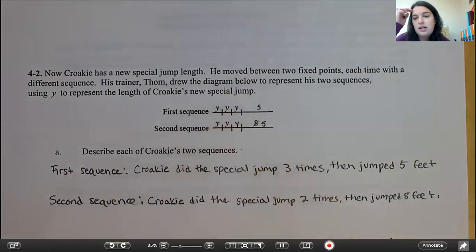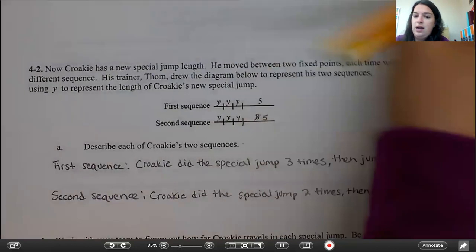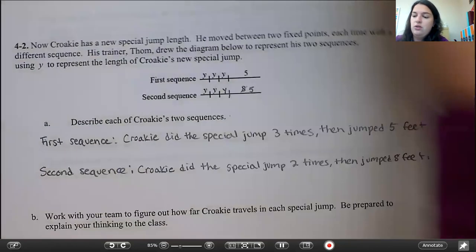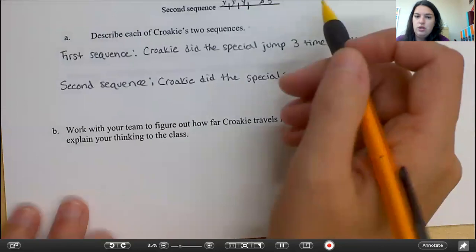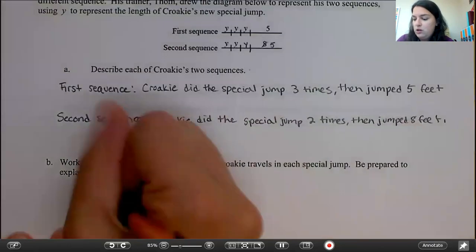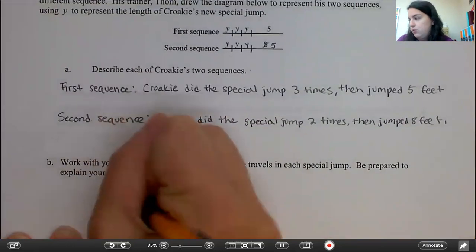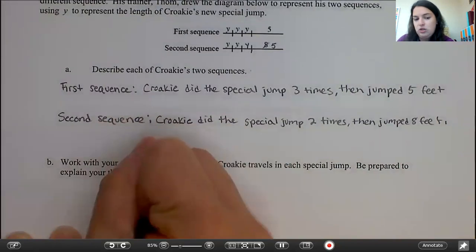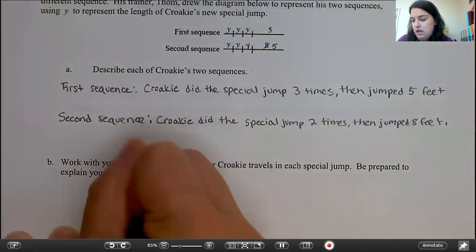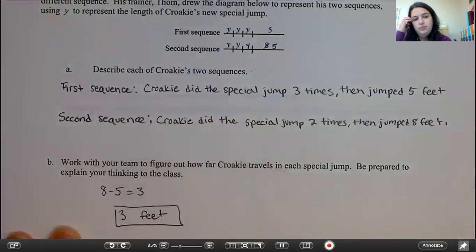So now our first and second sequence are the exact same thing. So you would need to have subtracted the values of what Croaky jumped, the two that you knew, which were 8 and 5. So 8 minus 5 equals 3. So his special jumps were 3 feet each. Okay.